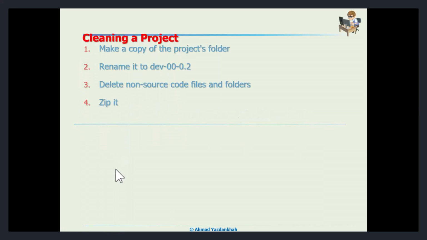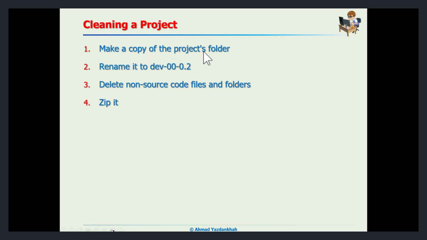So for cleaning the project, we made a copy of the project's folder, renamed it to dev something, and then we deleted all of the non-source code and we zipped it. After that, we unzipped it, and also we imported it into the IDE, and we ran it to make sure that the project that we submitted is still working fine.